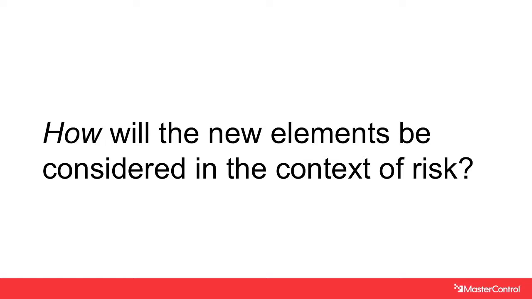So how will new elements be considered in the new standard? I think the importance is to recognize that nothing is outside the scrutiny of risk as it relates to all elements of the standard and how they're implemented.